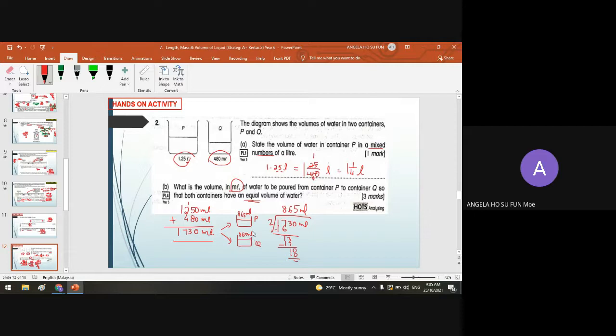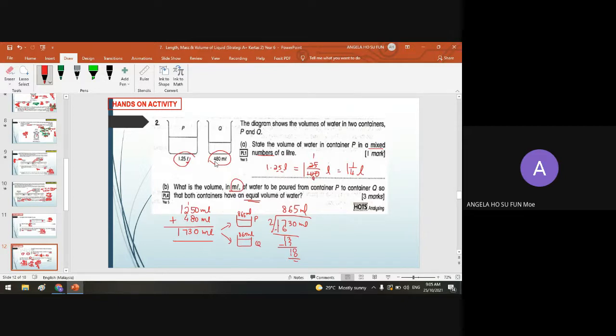So how much water from P is poured into Q? What should I do? Class? What should I do? Now the water is 865 ml.